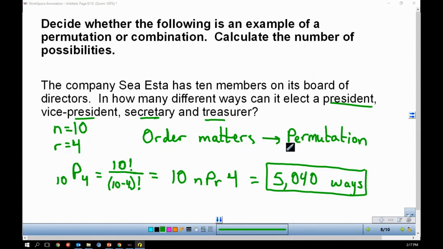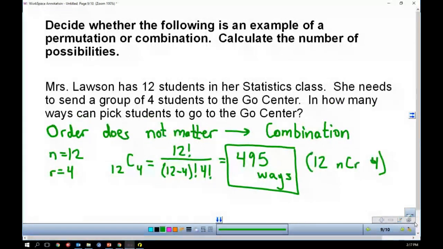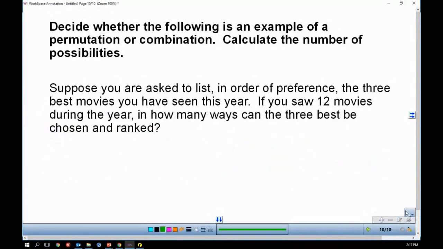Okay, last one. Suppose we were asked to list in order of preference the 3 best movies we've seen this year, and we've seen 12 of them.